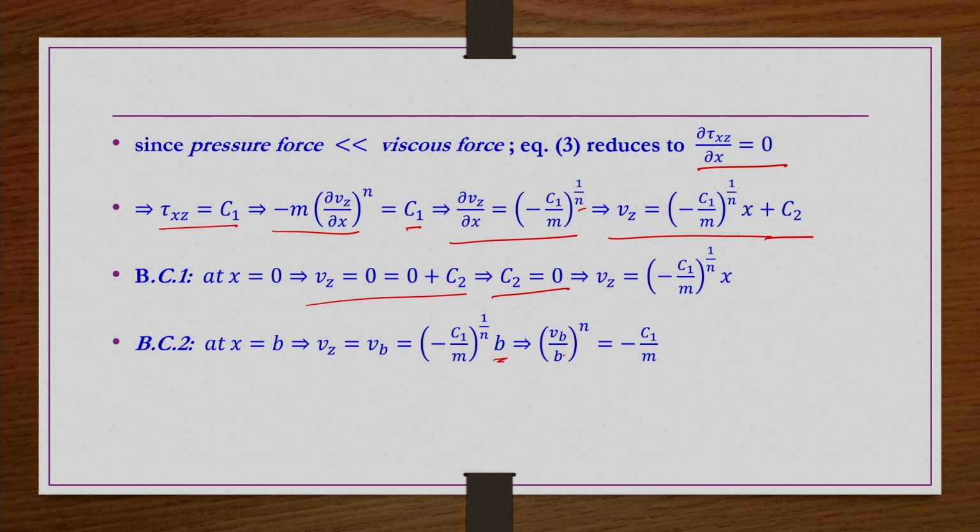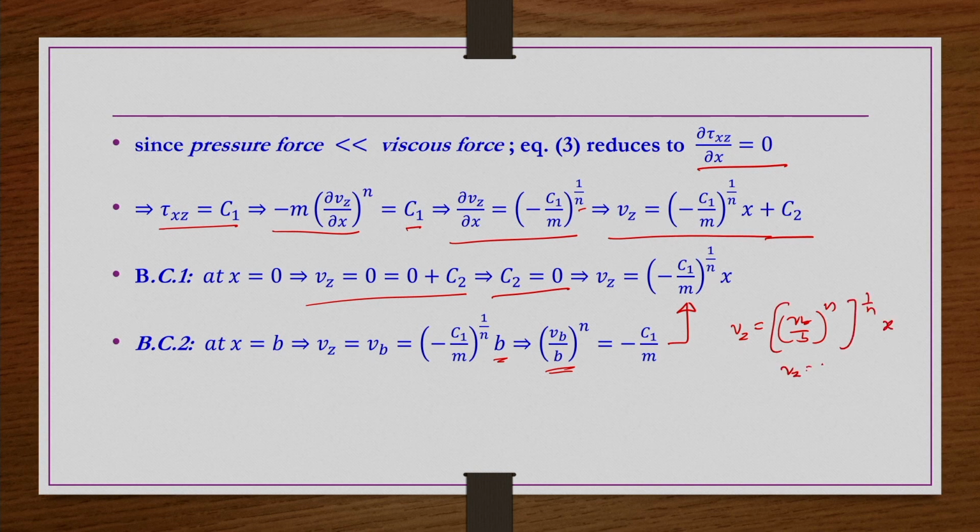So, now you can rearrange this as minus C1 by m is nothing but Vb by b whole power n. So, in place of minus C1 by m, you write Vb by b whole power n, and then this whole power 1 by n is there times x.